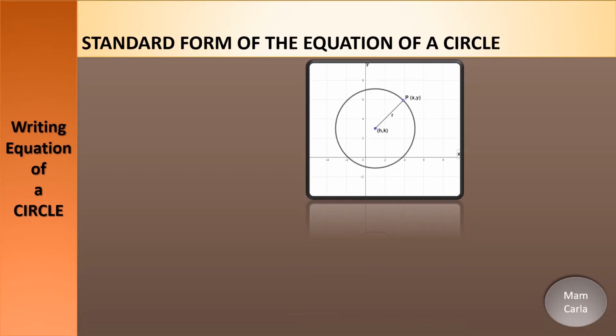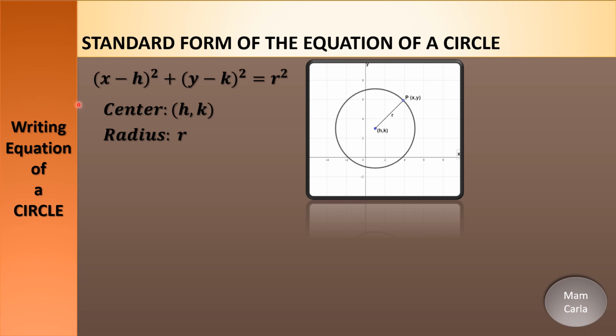Now let us determine the standard form of the equation of a circle. So the standard equation of a circle with a center at (h, k) and a radius of r units is determined by the equation quantity x minus h squared plus quantity y minus k squared equals r squared.